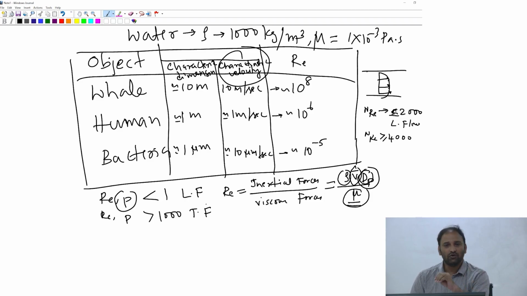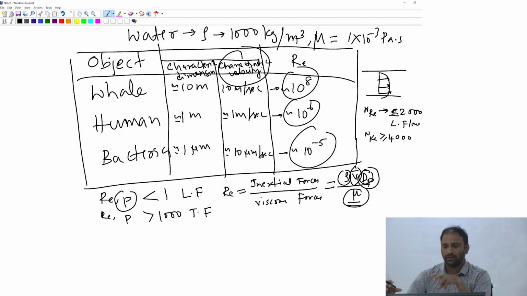The fluid in which the objects are moving is fixed, that is your water, with a given density and viscosity. All that you changed was the object, right? You had a whale swimming, a human and a bacteria, and you can look at the Reynolds numbers. They are markedly different.